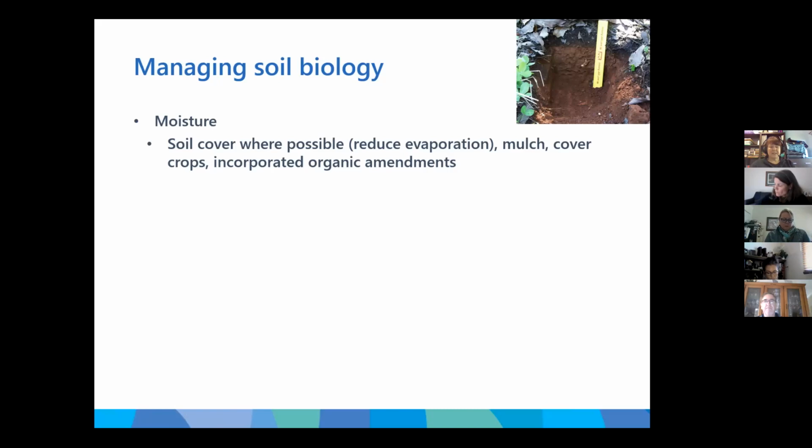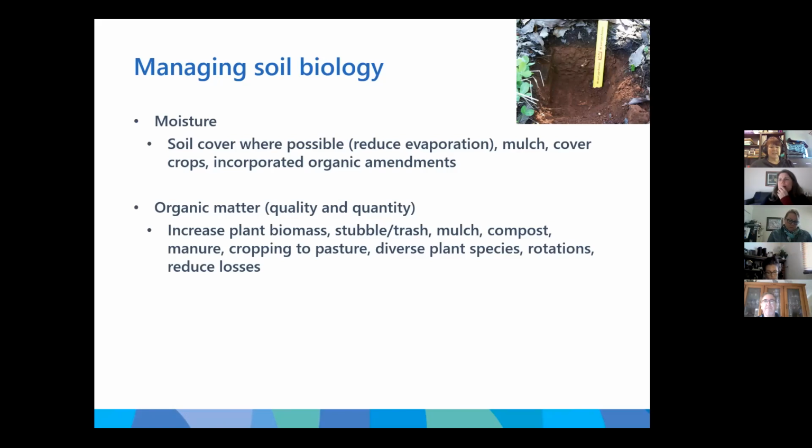So that could be mulch, or it could be cover crops. Another area, you could incorporate organic amendments which have a capacity to hold more water within the soil profile. Organic matter, again, quality and quantity. You want to keep increasing organic matter over time.